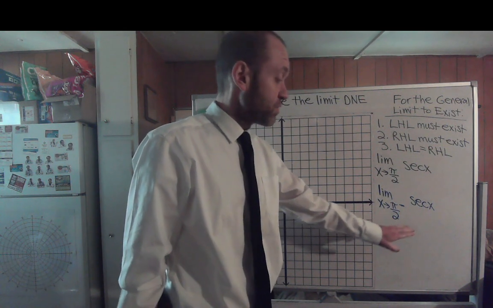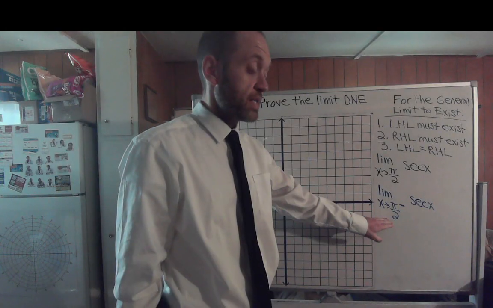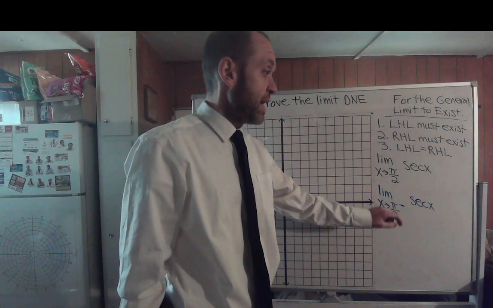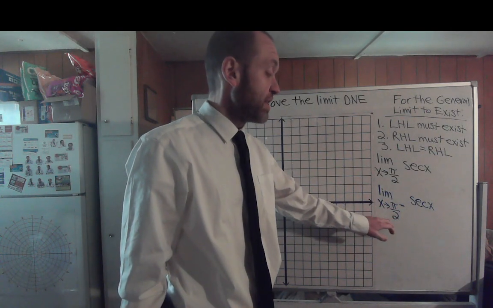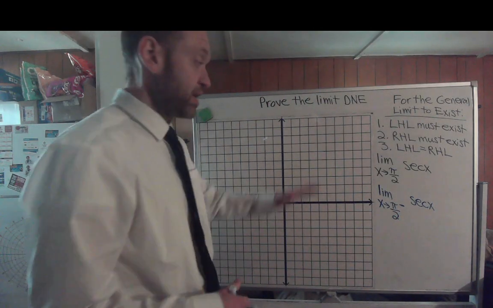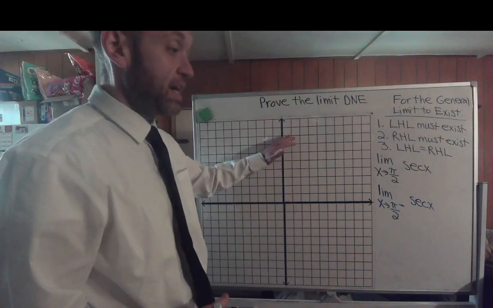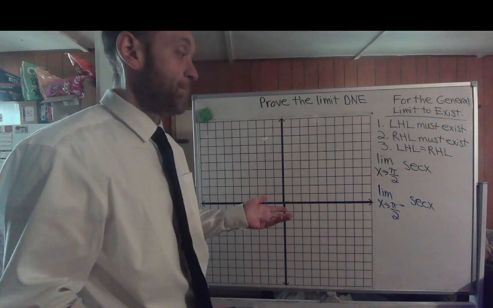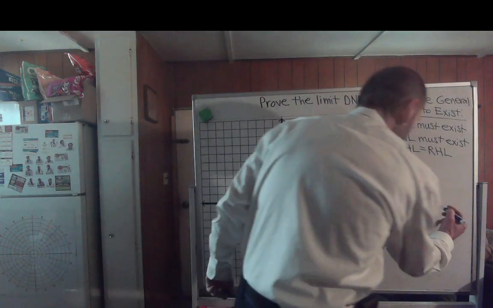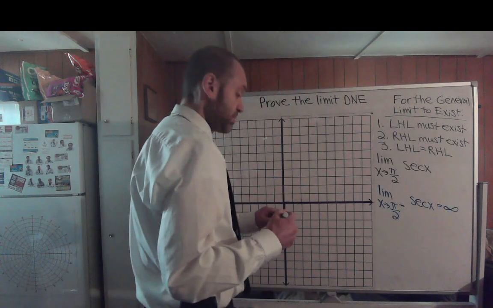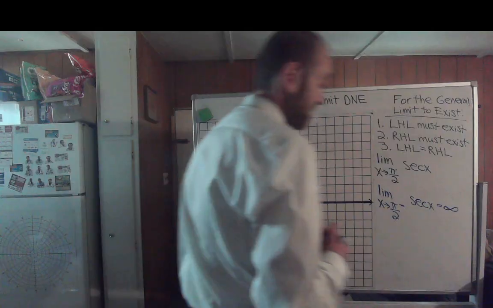So this is going to be in the first quadrant, meaning that you're actually then going to have positive infinity. If we picture the graph of the secant of x, and maybe it helps you to draw a graph, you're going to get positive infinity for your left-handed limit of the secant of x.